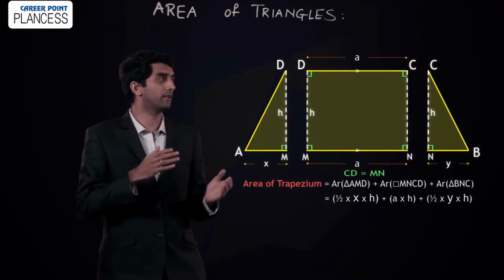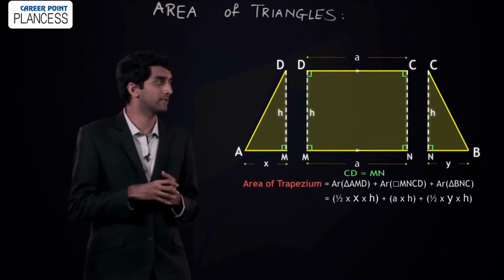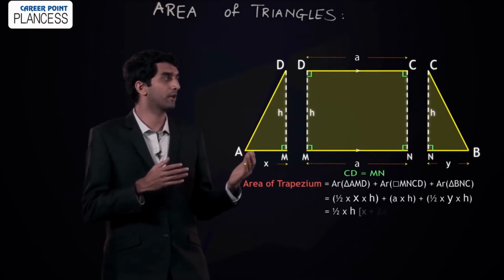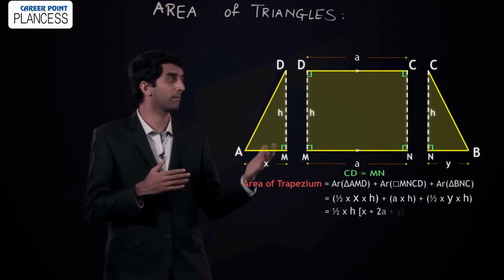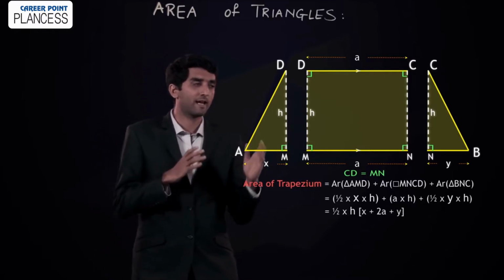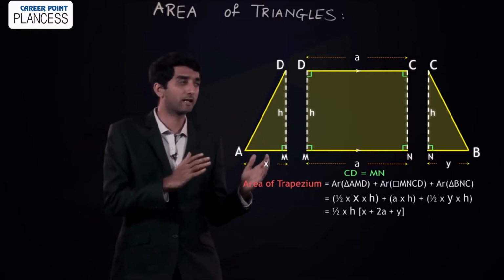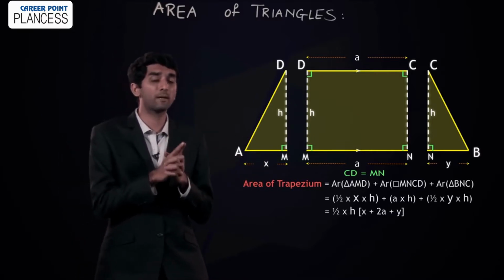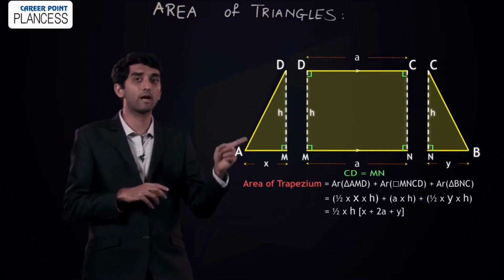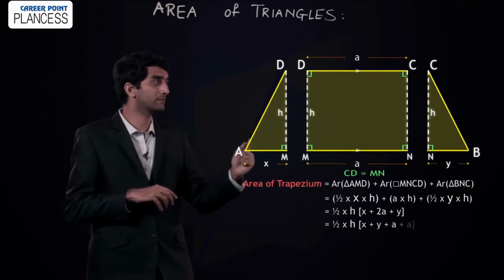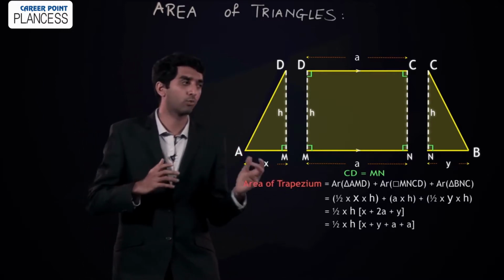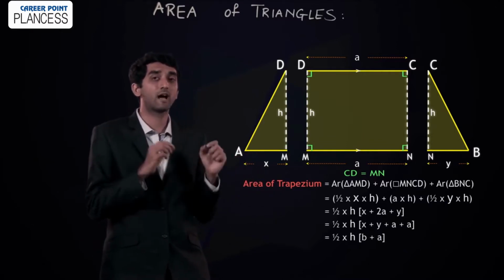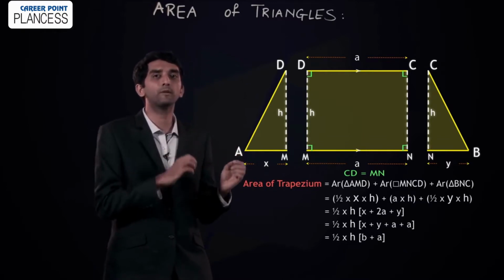Once you do that, what is left in the bracket is X plus, now since you have taken a half out, you will have X plus 2A plus Y. Now X plus Y plus 2A is in the bracket, and outside you have half into H. In the bracket, X plus Y plus 2A can now be written as X plus Y plus A plus A. Now X plus Y plus A is nothing but B. So what is left in the bracket now is B plus A. So the final formula is half into H into B plus A.